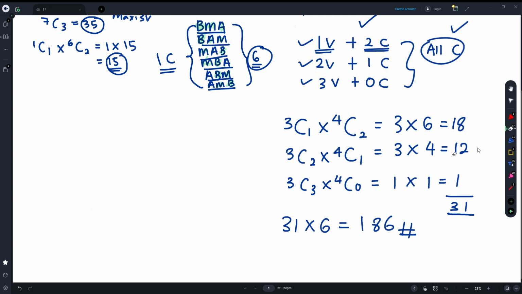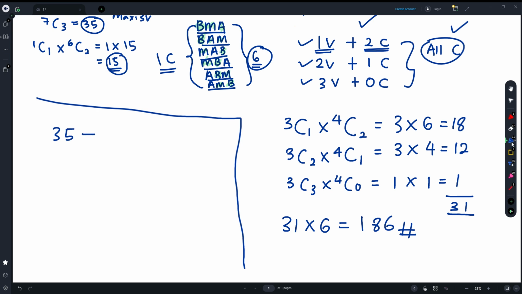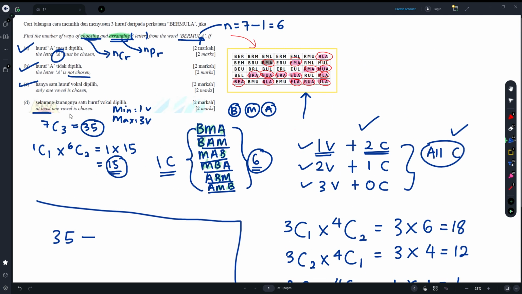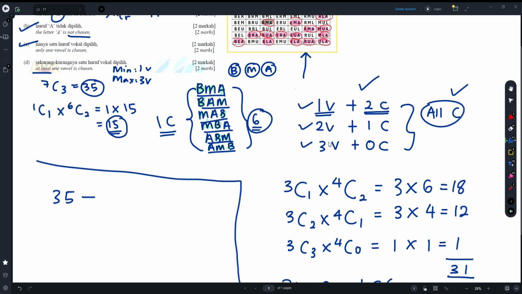As you can see from here, I have a total of 35 combinations. Among these combinations, how many of them only involve a vowel? Because when I say I want at least one vowel, I can have one vowel, two vowels, three vowels. The only scenario that doesn't come into this category is all consonants.